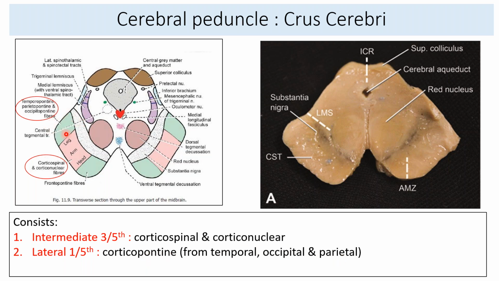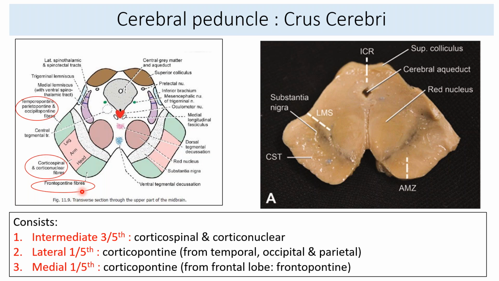They occupy the lateral 1/5 area of the crus cerebri. What about the medial 1/5? The medial 1/5 has the corticopontine fibers arising from the frontal lobe of the cerebrum, that means the frontopontine fibers. So the frontopontine fibers will be present in the medial 1/5 of the crus cerebri.